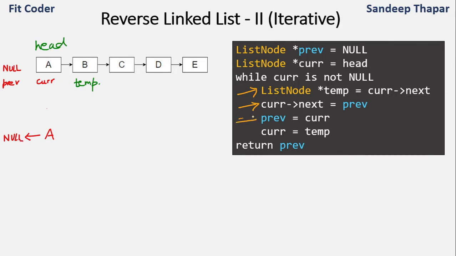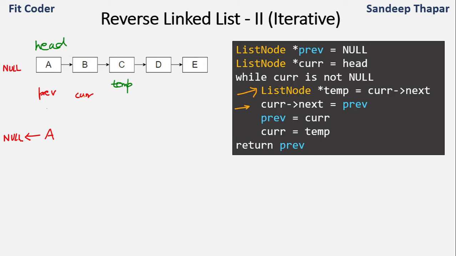In the next step, previous is updated to current. So now previous is A and current is temp, so current is at B. In the next step, we check that current is not null and temp becomes next of current, so next of current is C. This is our temp. Then we make current next equal to previous.